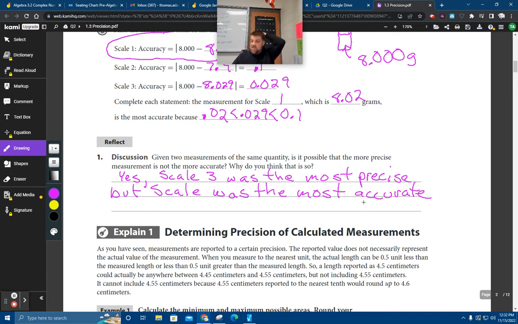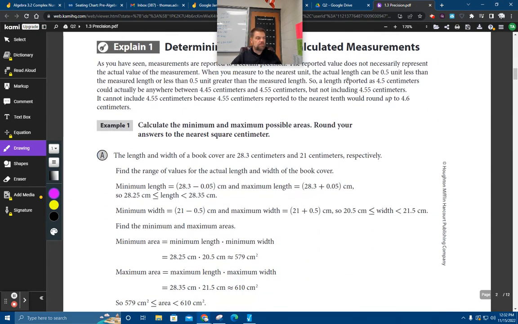Well, if you look at the answer in the back of the book, it'll give you a lot of reasons why that's the case, but it could be the person, it could be the device, it could be a lot of things, okay? But that's what it is. Let's move on to the next one.